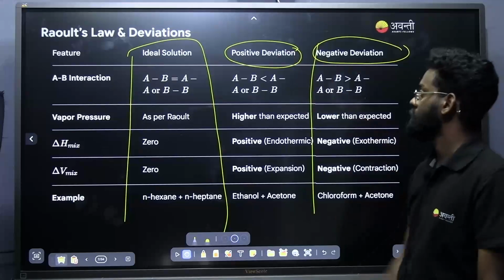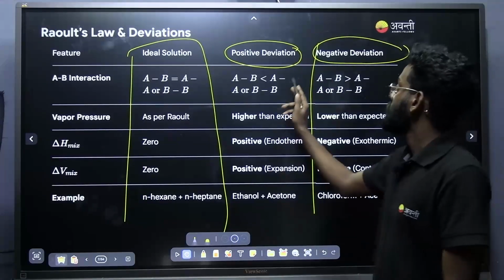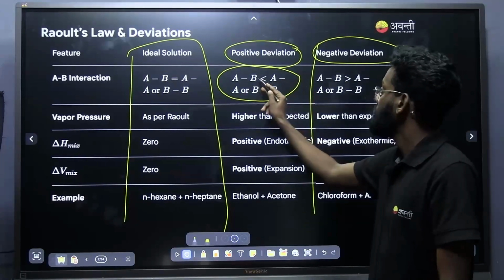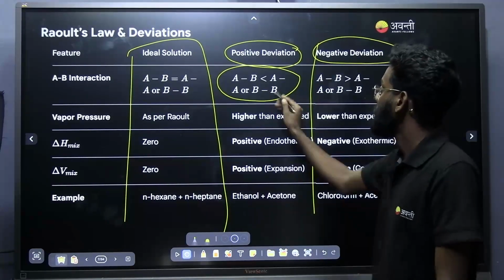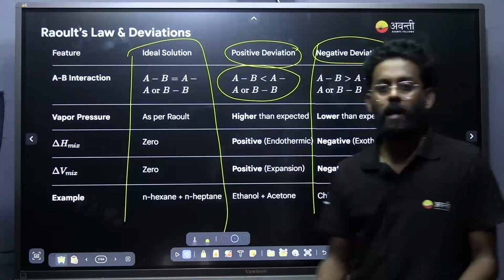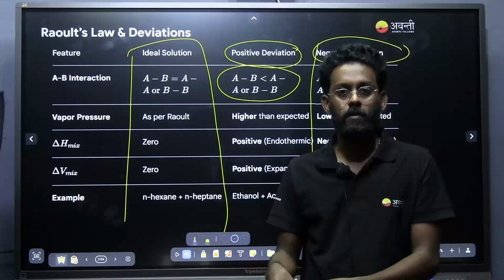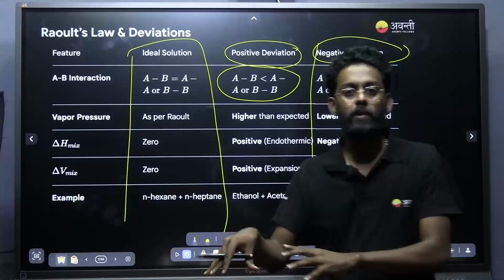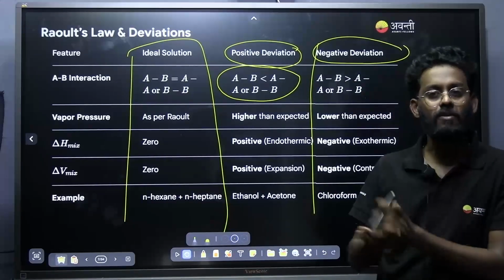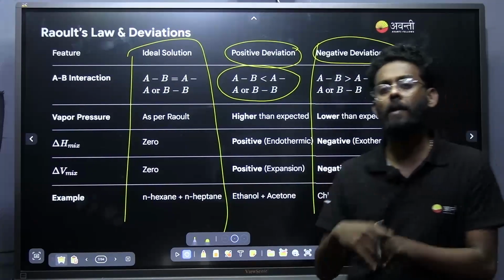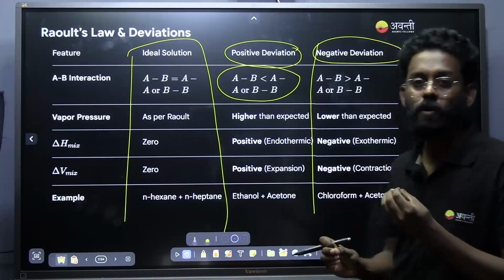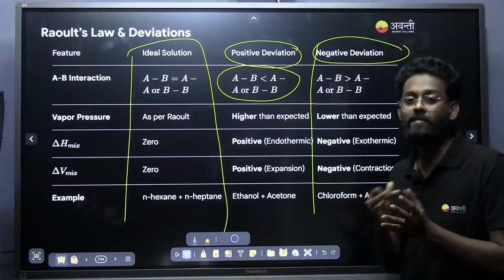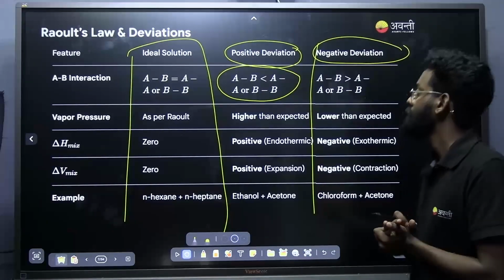In the case of positive deviation, the A-B interaction will be lesser than the AA or BB interaction. That is, after mixing, when we form a solution, the intermolecular attraction of that solution will be lesser compared to the intermolecular force of attraction of the individual liquids.